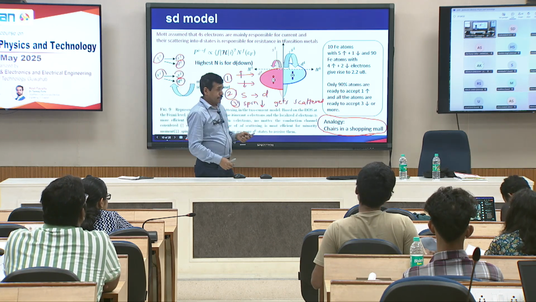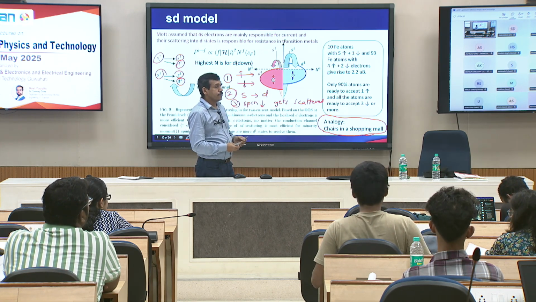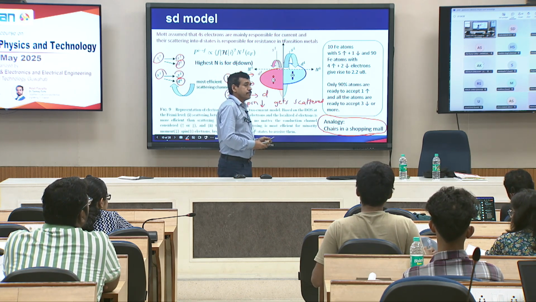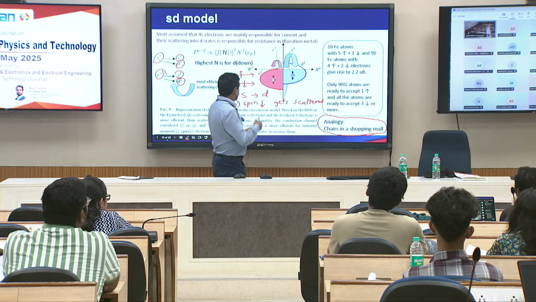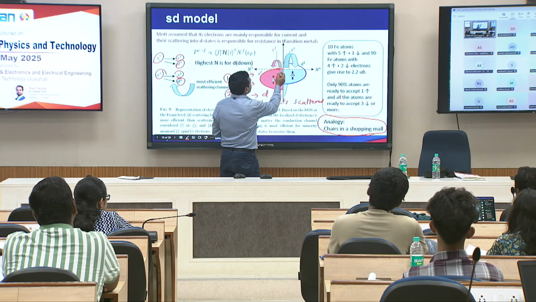Yeah. So, if I have a material with such band states, like some density of states, and if I pass a charge current through it, then there is a probability that one kind of spin will get scattered and one kind will pass through. So, in this case, which will be passing and which will be scattered? You can look at these empty states.